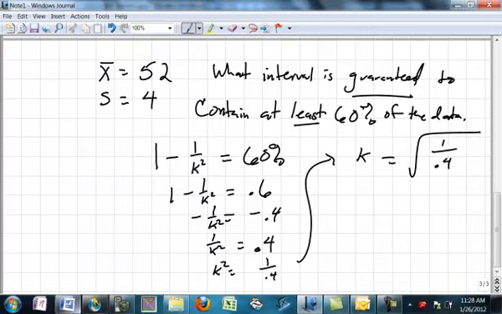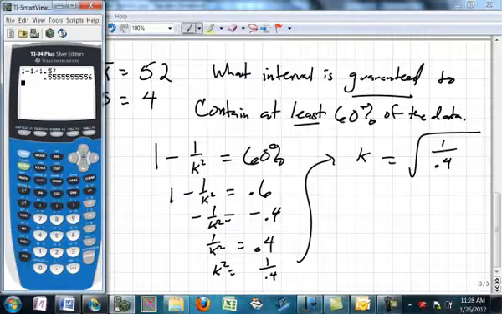I'm just going to use the calculator again. Parentheses, 1 divided by 0.4, and then square root all that. Let me just do it this way. Do the square root first. Square root of 1 divided by 0.4. Close. Enter. There we go.